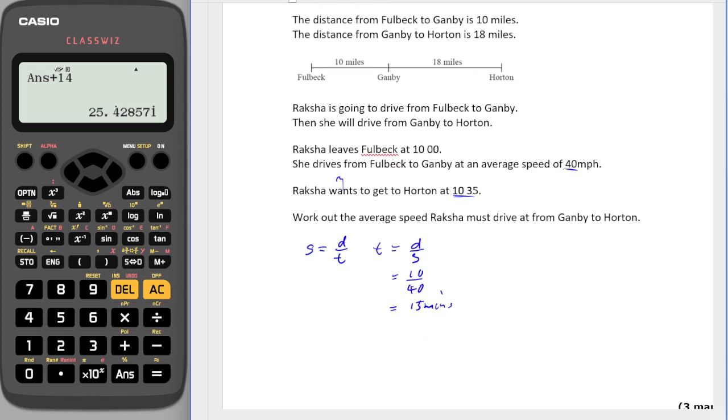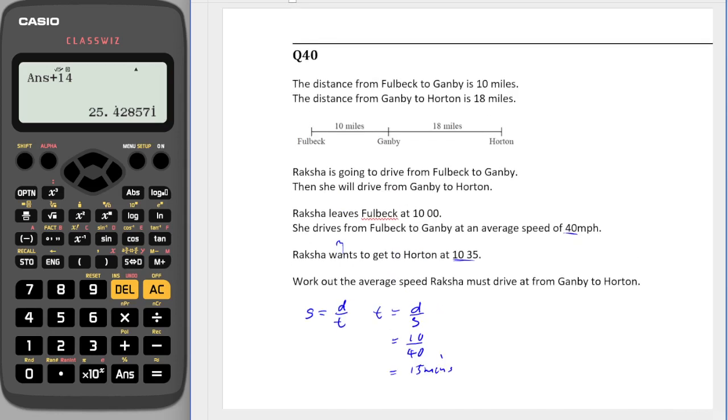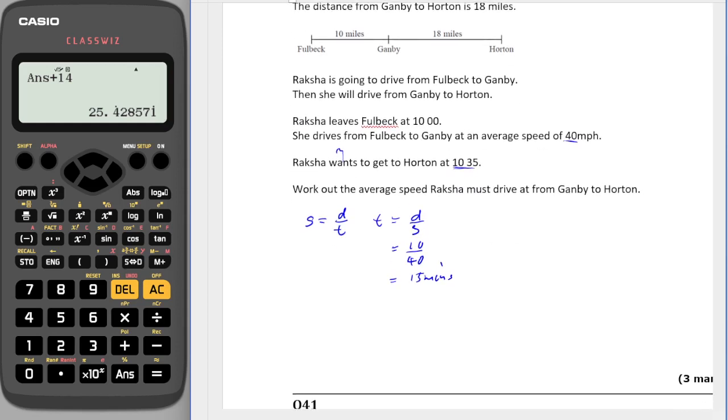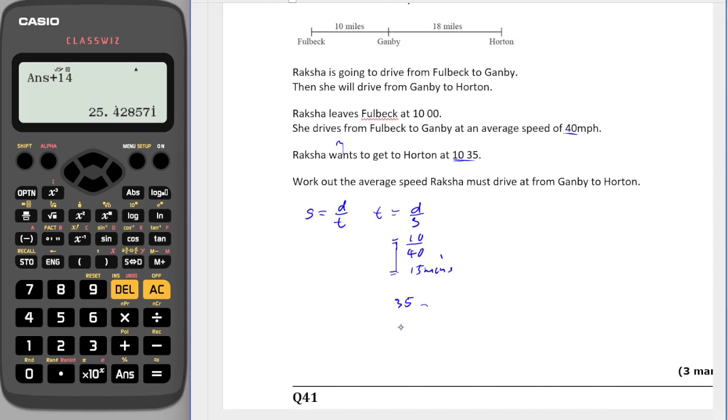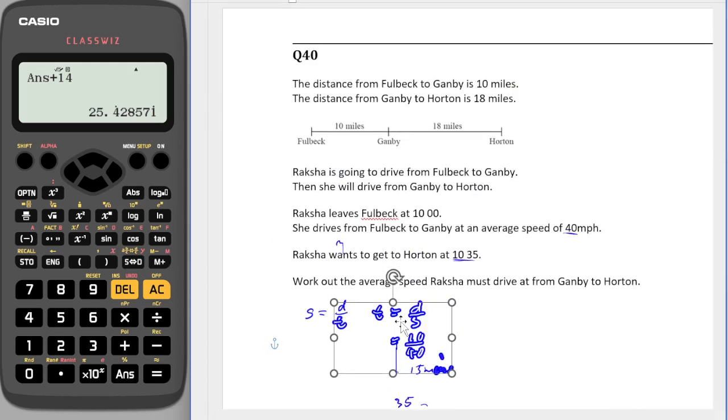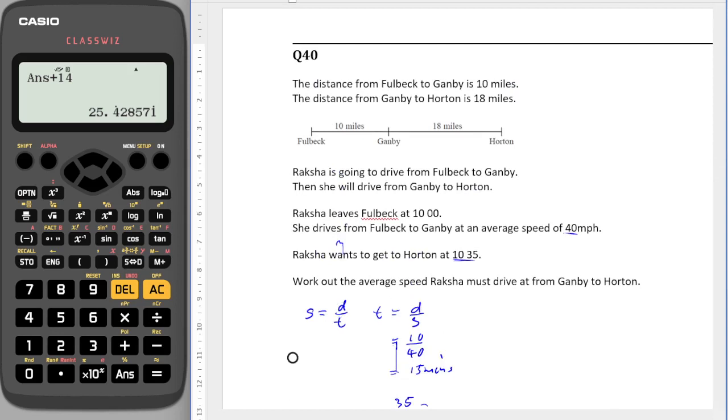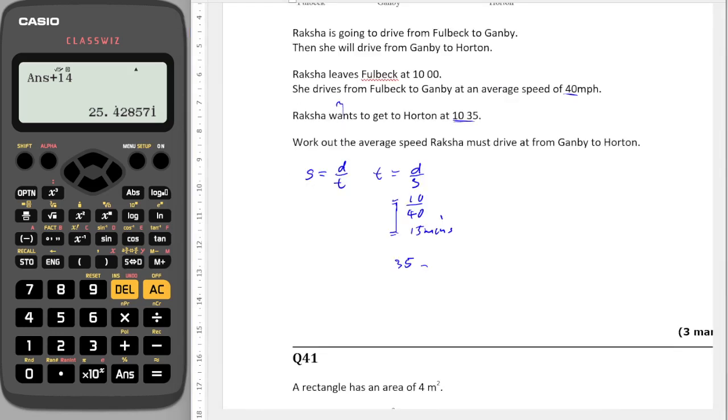So if she wants to get there for 10:35, 35 minus 15 is going to be 20 minutes. So she's got 20 minutes to cover the last part of the journey.